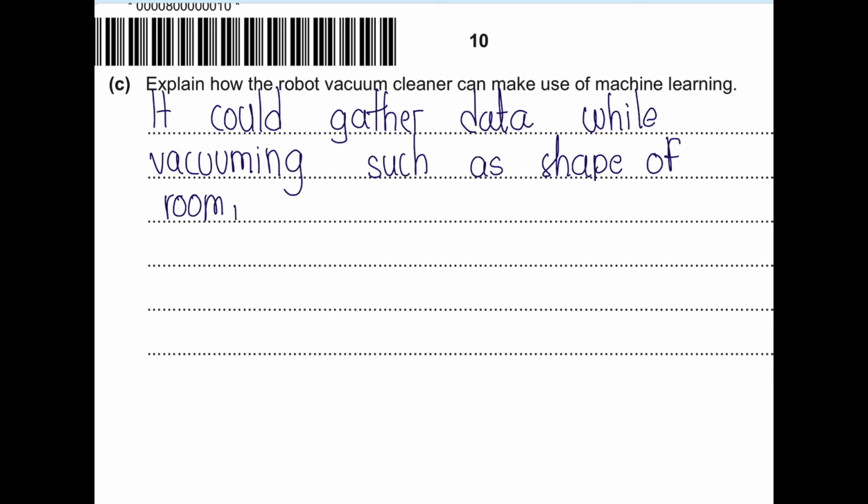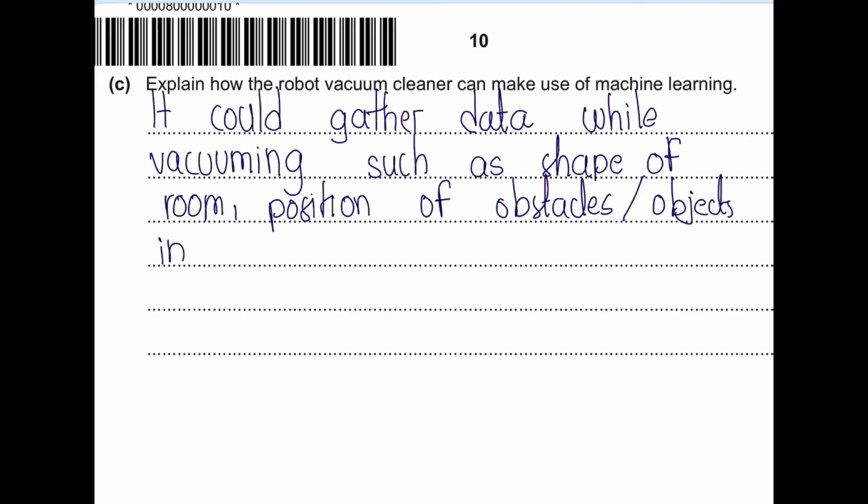You can say position of obstacles or fixed objects, or you can just say objects in the room. So it can make a map so that it only goes to areas where there are no objects and saves time in the room.